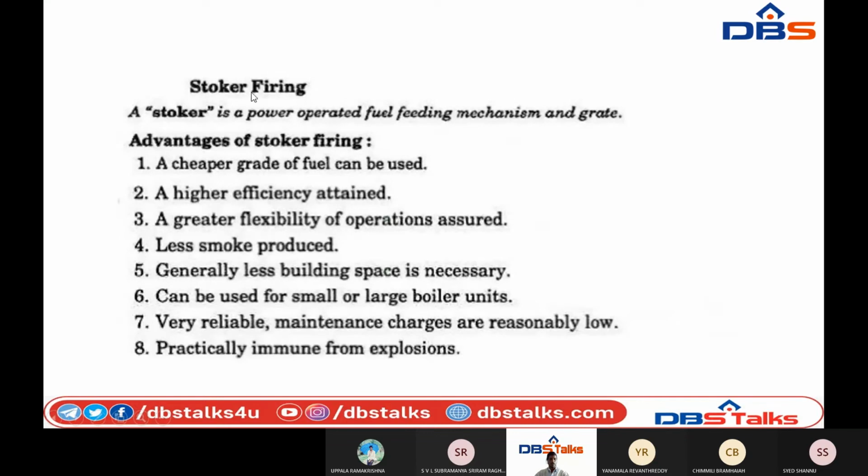First of all, coming to stoker firing. Stoker firing is a power operated fuel feeding system, mechanism and grading system. By using stoker firing, cheaper grade fuel can be used. Compared to the pulverized fuel firing system, in this we are using a cheaper grade of fuel for firing.